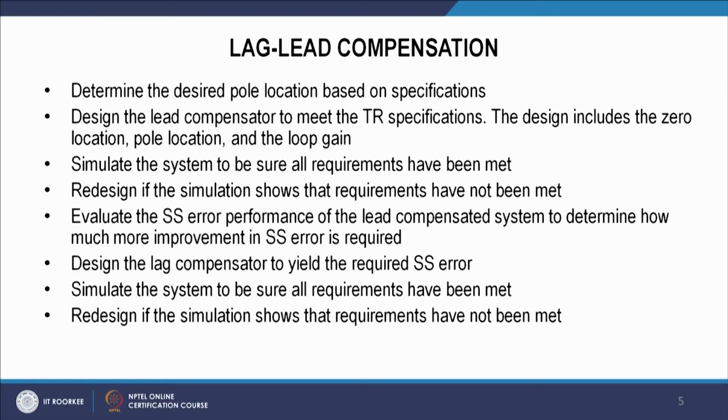So we will find the desired pole location, and to obtain that pole location we design the lead compensator to meet those transient response specifications. When we use the lead compensator, we add a zero and a pole for the compensator, and some gain. So one additional compensator pole and zero will be added to the system.